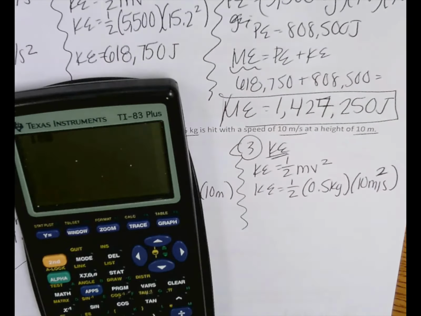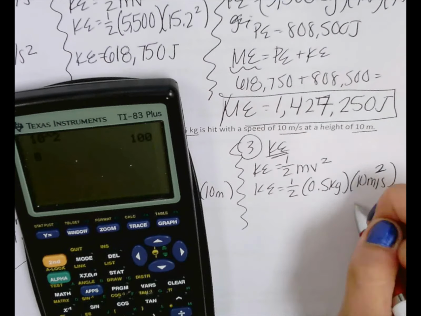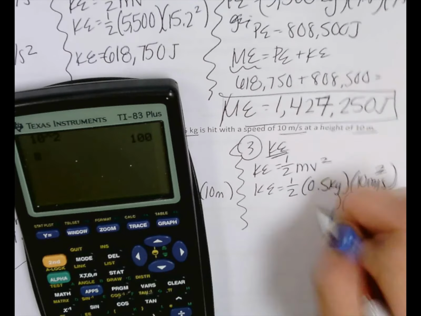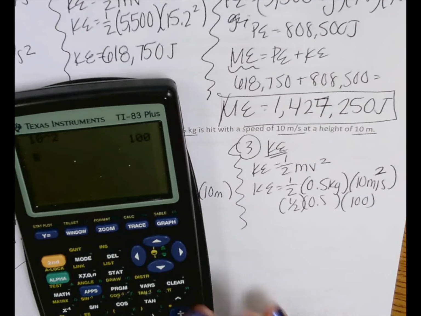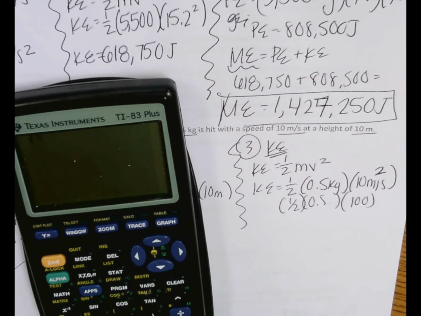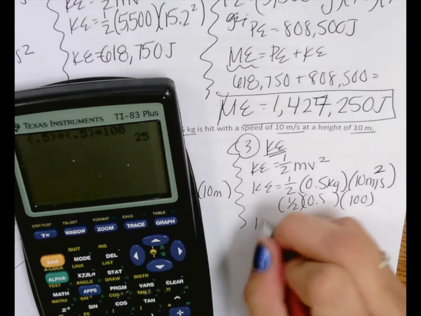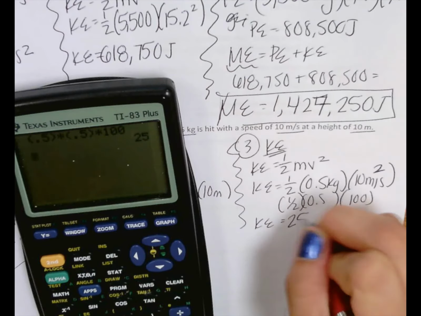You guys should already know this by heart, but 10 squared is 100. Then we do 0.5 times 0.5 times 100, and you will get a kinetic energy of 25 joules.